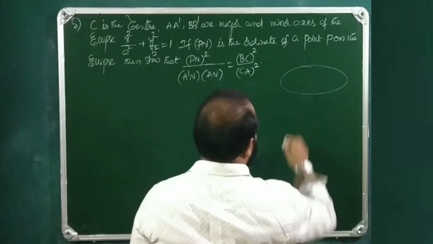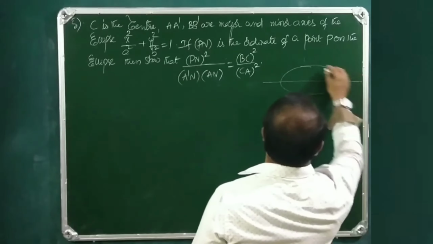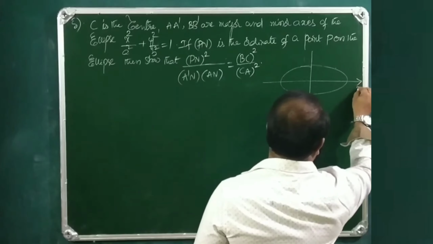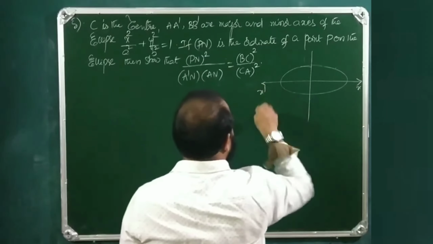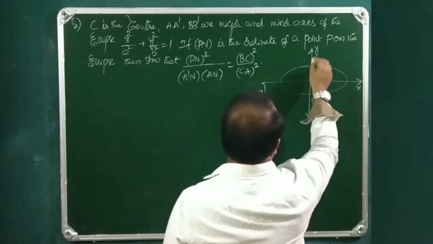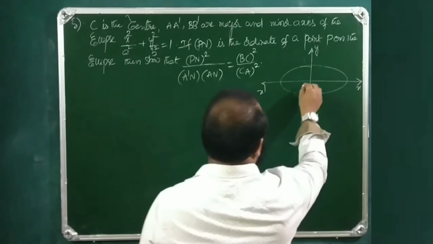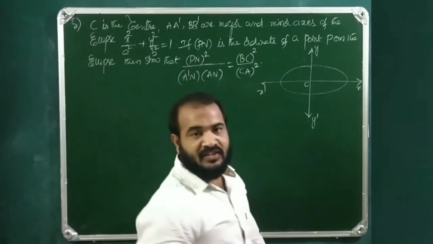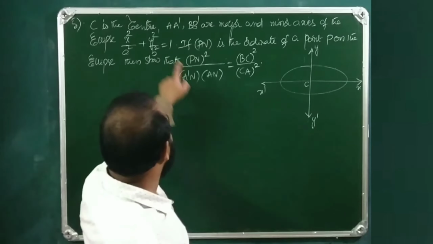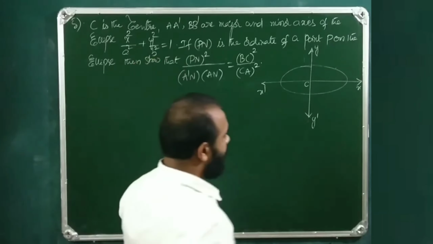So this is our ellipse. So this is x dash, y dash. Now this C be the center of the ellipse, whose center is at the origin for the standard form of the ellipse.